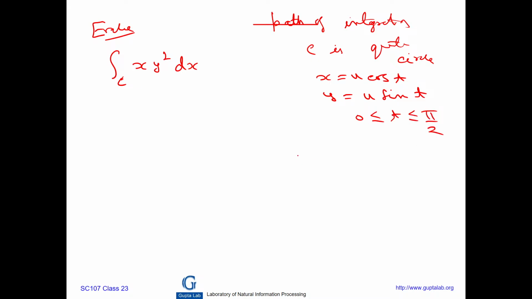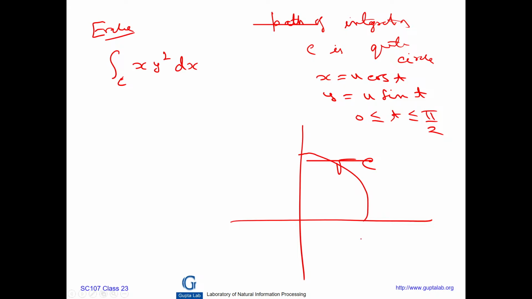This is the curve actually given to you. Quarter circle, right? This is our C. t equal to 0 will give you (4, 0) and t equal to pi by 2 will give you (0, 4).